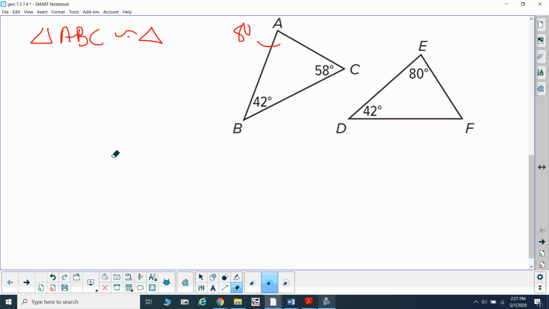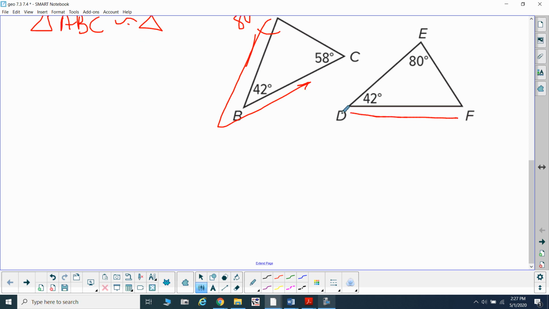So we went from A to B and then to C. We started here where there isn't an angle measure, by the 42 and then by the 58. So we want to do the same thing on the other one. So I'm starting by the 42, and then to the 58. So it'd be FDE.